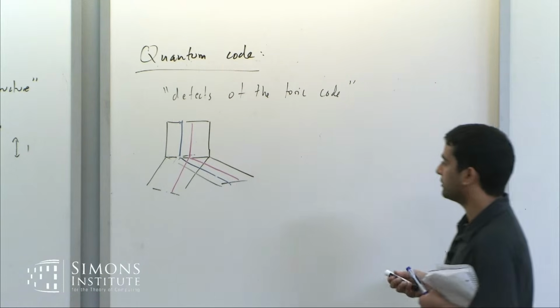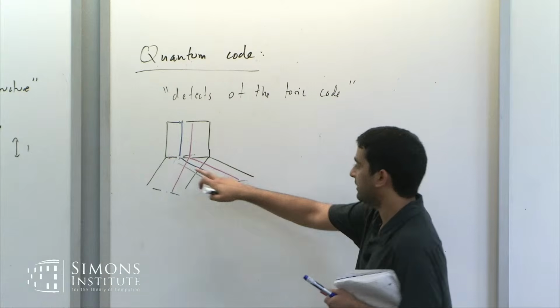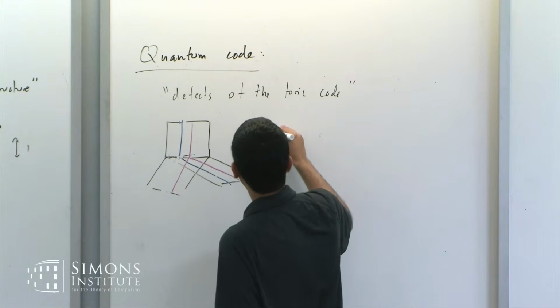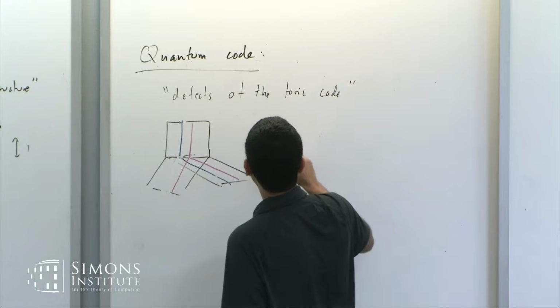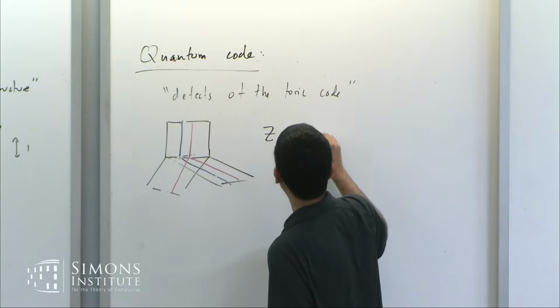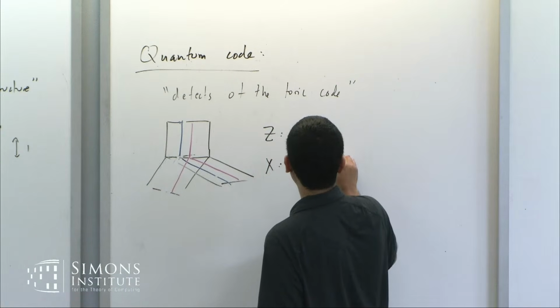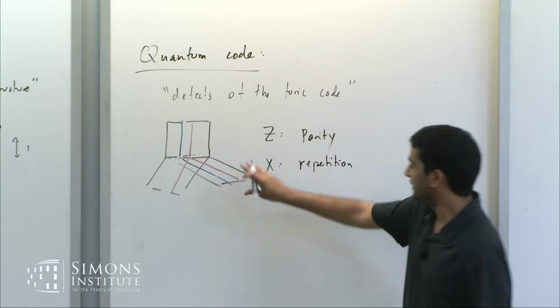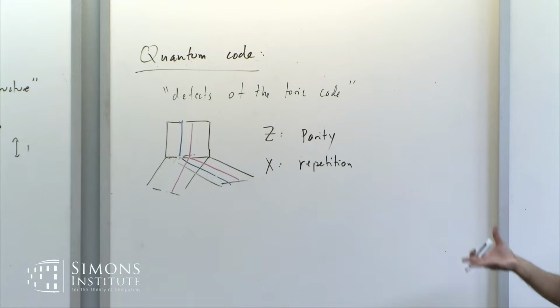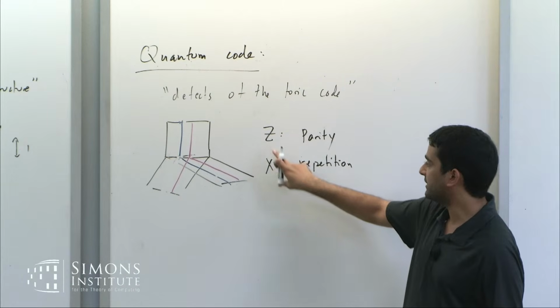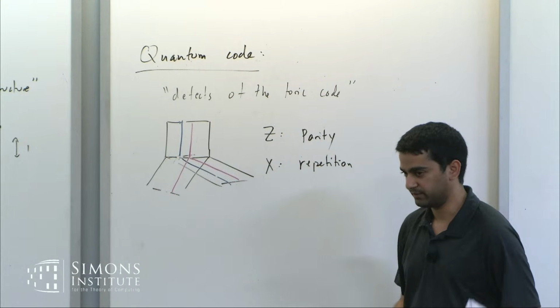This is a very specific kind of defect. I can write down a stabilizer model for this. There's another defect of the toric code where the opposite happens: the X sees that defect as a parity defect, and the Z sees it as a repetition defect.